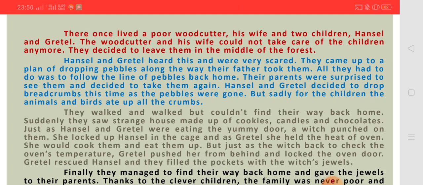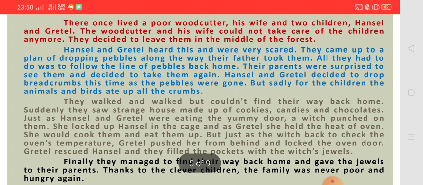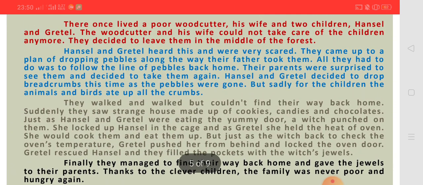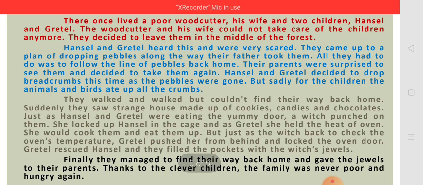After this, please read this text, and then try to analyze the text. Try to mention some elements of the text, and also don't forget to write about the moral value or the message that you can take from the text.